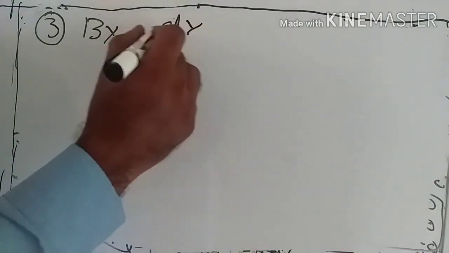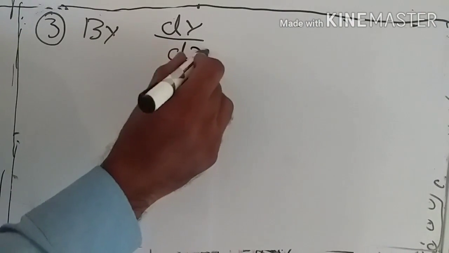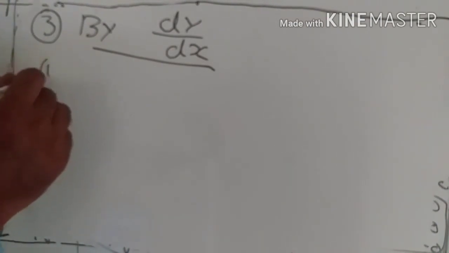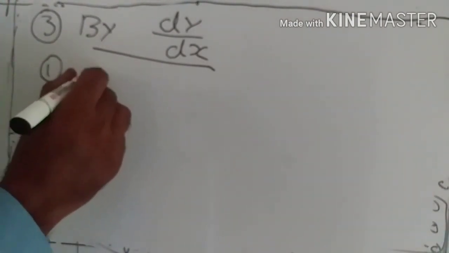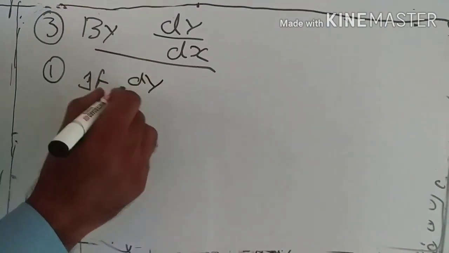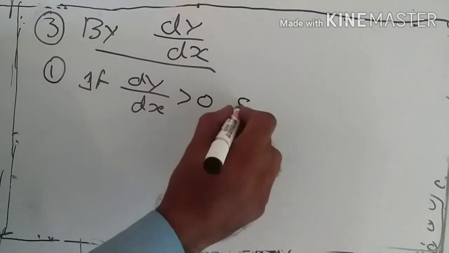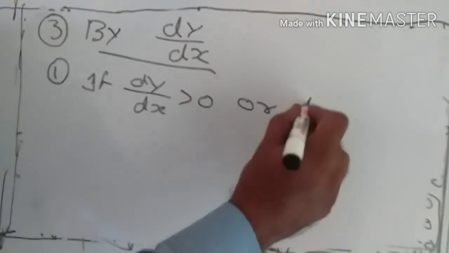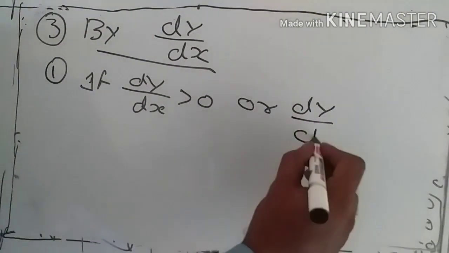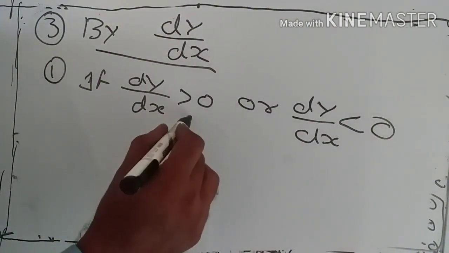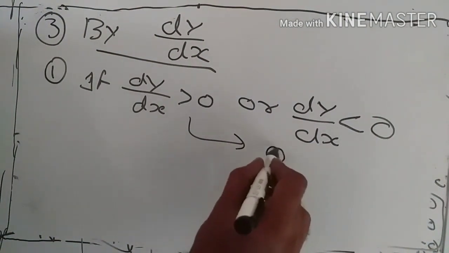dy by dx. If dy by dx is greater than 0 or dy by dx is less than 0, this implies the function is 1 to 1.